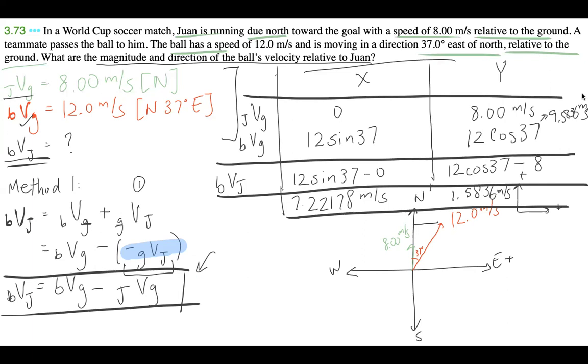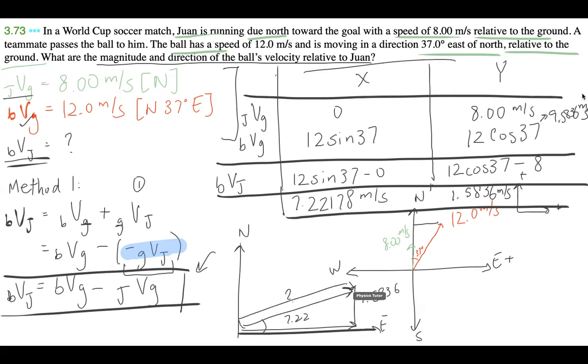It's going to be 7.22 this way, and it's going to be 1.5836 up, in the positive direction. So we are going to find what angle it is. We know that this is going to be east and this is going to be north. And then we're also going to find out what this resultant component is as well.